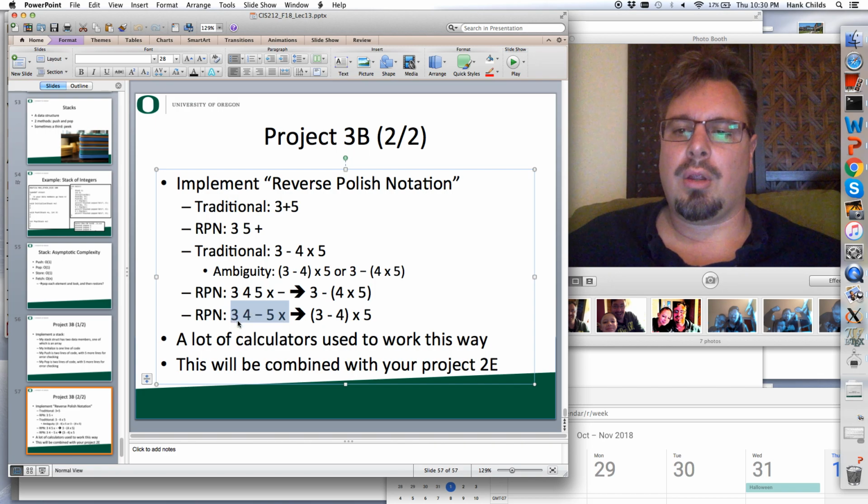And you would walk the arguments, and if the first character is a number, well, you'd call your routine from project 2e, and then if you found, for example, a minus, you would pop two things from the stack, do the minus, and then push it back. So, again, if you saw 3, 4 minus, you'd do a pop, 3 minus 4, that would return minus 1, and then you'd push minus 1 on the stack, push on 5, and when you got a times, you get minus 1 times 5.